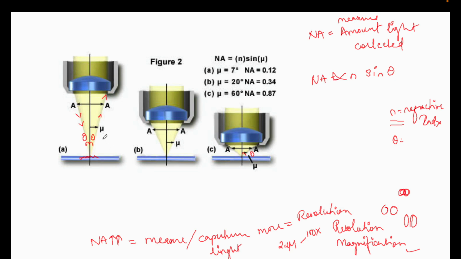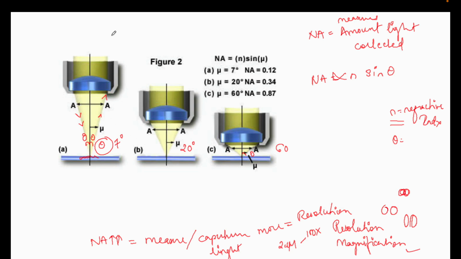Here the theta is less, and here theta is highest. Here theta is 7 degree, here it is 20 degree, and in the third case we have 60 degree. This is a more wide angle as compared to this.